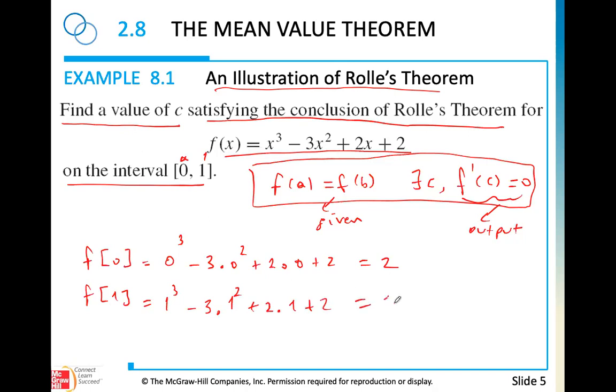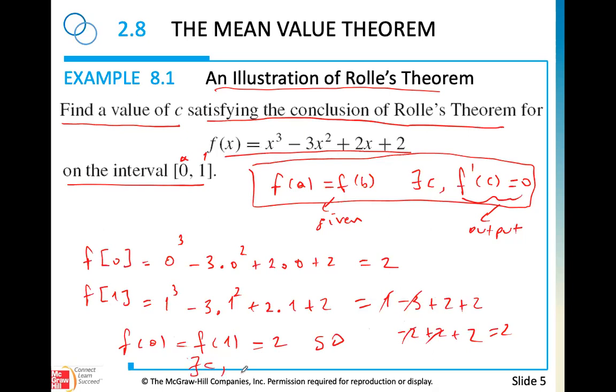So this is 1 minus 3 plus 2 plus 2, so 1 minus 3 is negative 2, plus 2 plus 2, so this is 2. So what do we see? f(0) is equal to f(1) is equal to 2. So by the theorem, there should be a number c such that f prime of c is equal to 0.